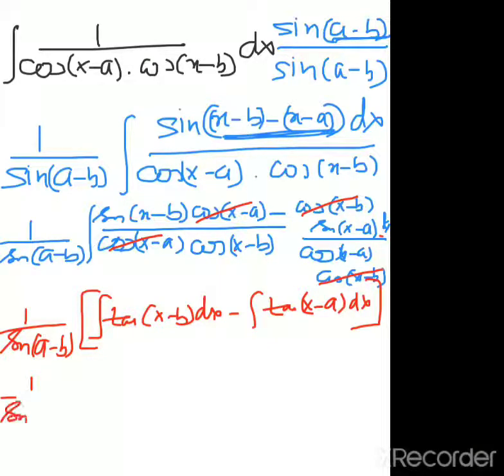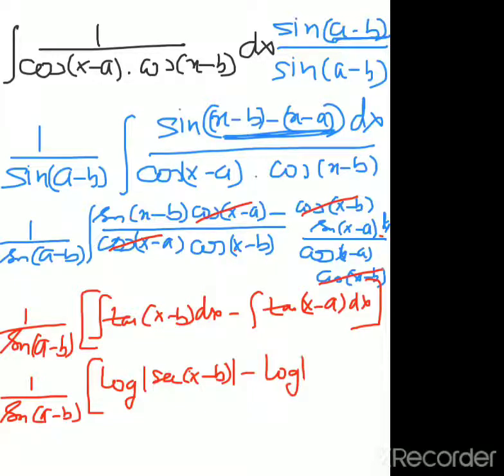One upon sin(a minus b). Tan(x minus a), the integral of tan will be log mod sec theta, theta meaning x minus b, minus log mod sec(x minus a), plus c. 1 upon sin(a minus b).